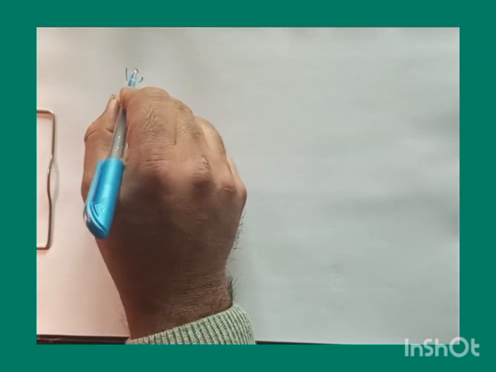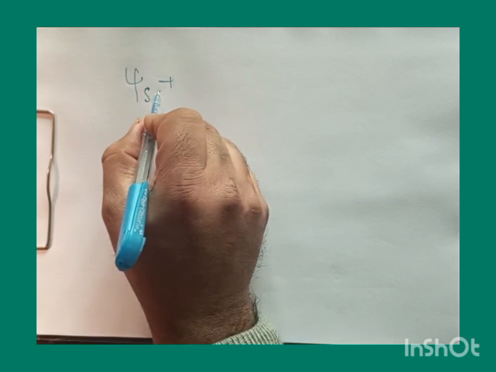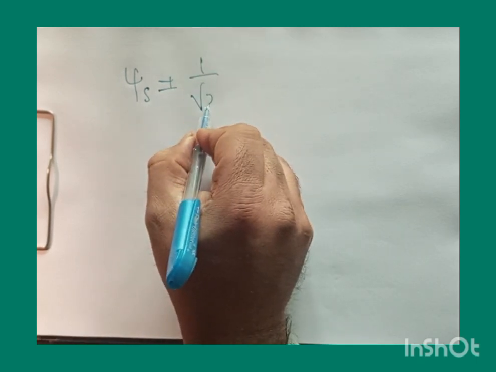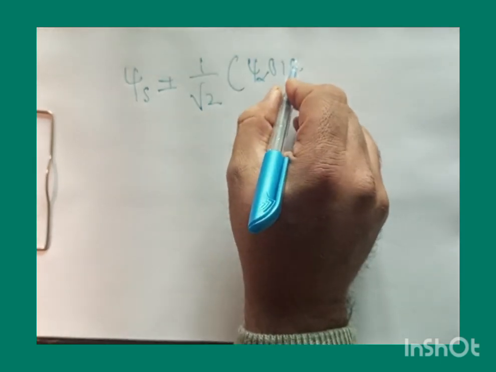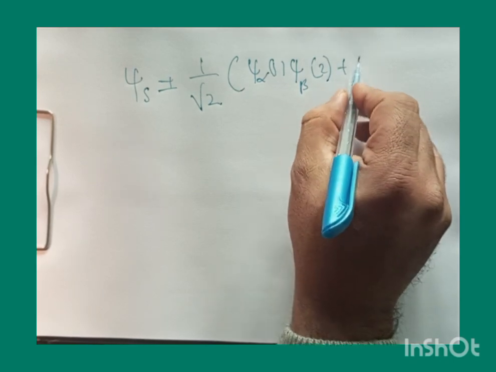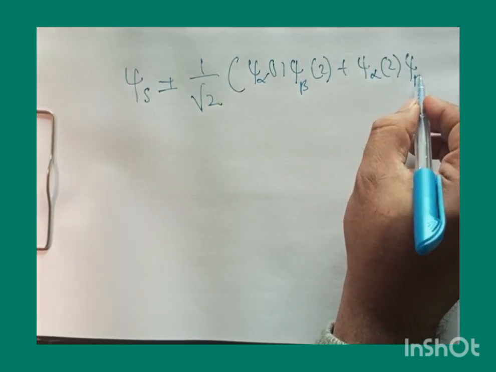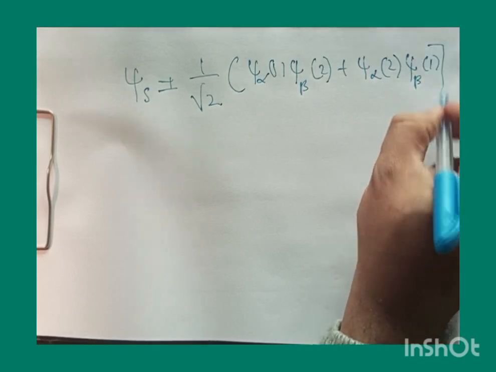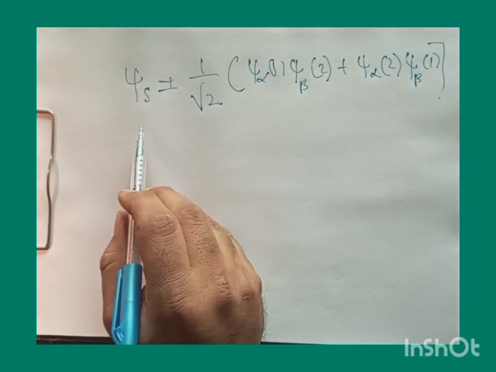If I have to write down psi s for the symmetric configuration, I will have 1 by root 2 of psi alpha 1 psi beta 2 plus psi alpha 2 psi beta 1. And this will be for the symmetric wave function.